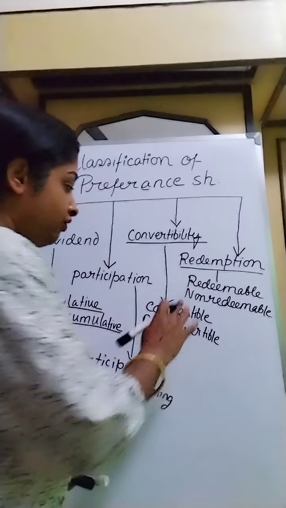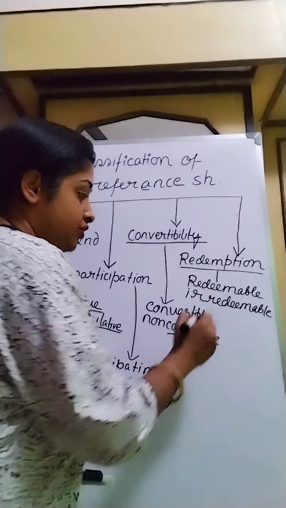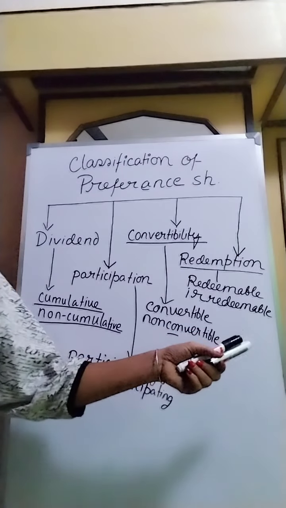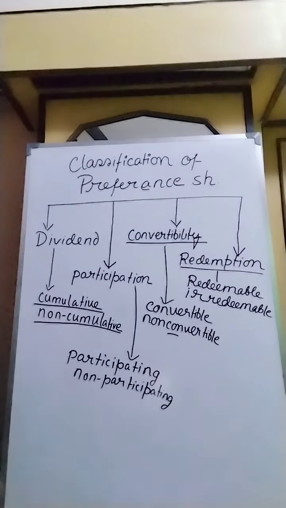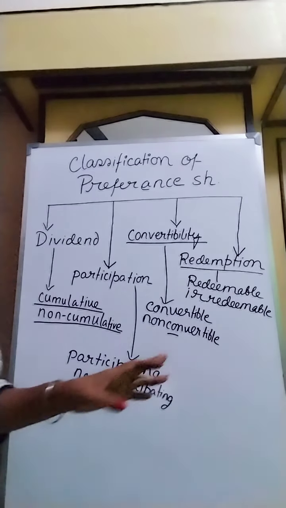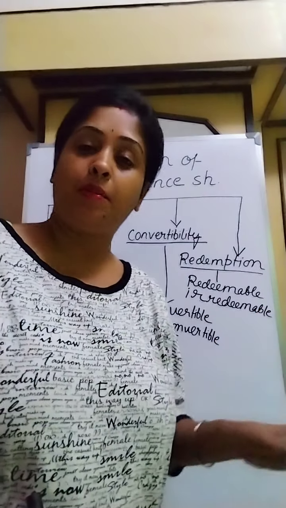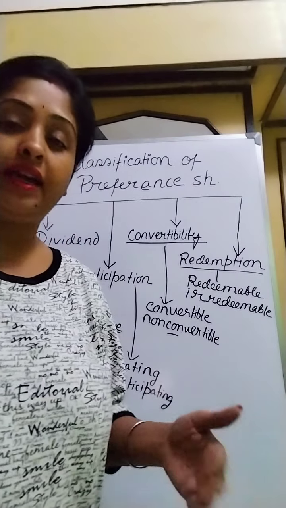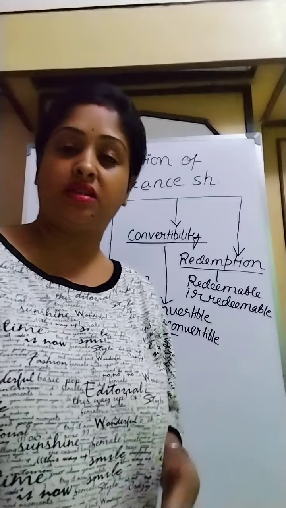And next is non-redeemable. You can call it irredeemable also. Irredeemable preference shares are those preference shares the amount of which cannot be returned by the company to the holders unless the company is winding up. That means in case of redeemable preference shares, the money can be refunded after the expiry of a specific period.